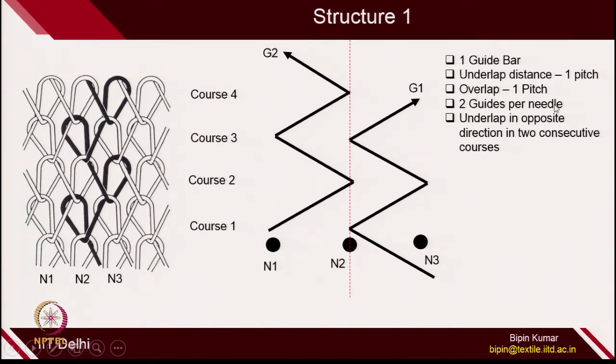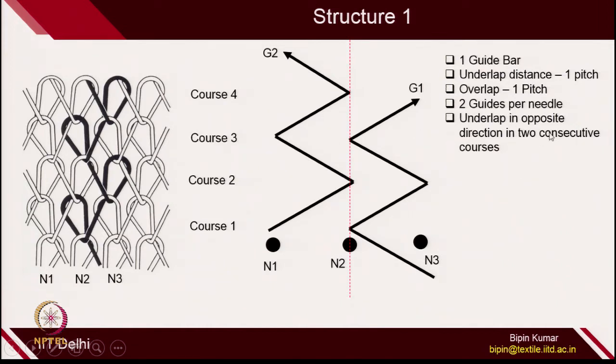So, two guides per needle, and you see underlap in opposite directions in two courses. If you see the movement of any particular guide, this guide moves from left to right after completing the first course, then in the second course it moves from right to left. So, the directions are opposite.